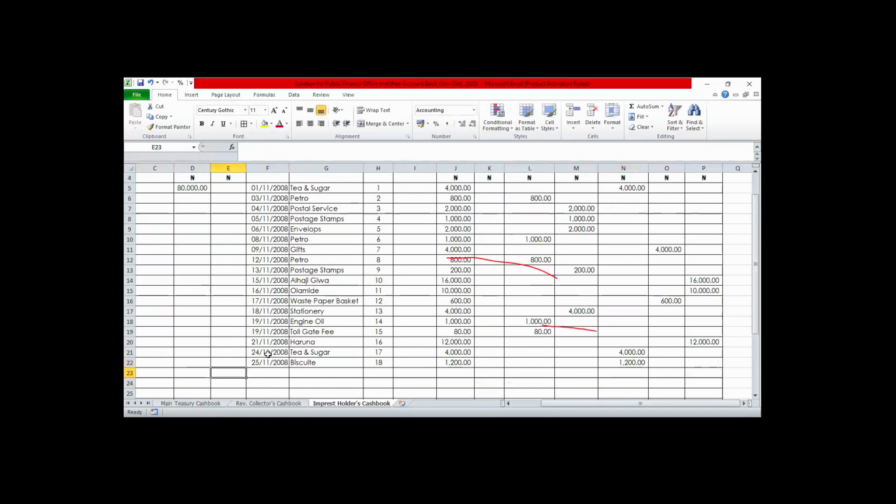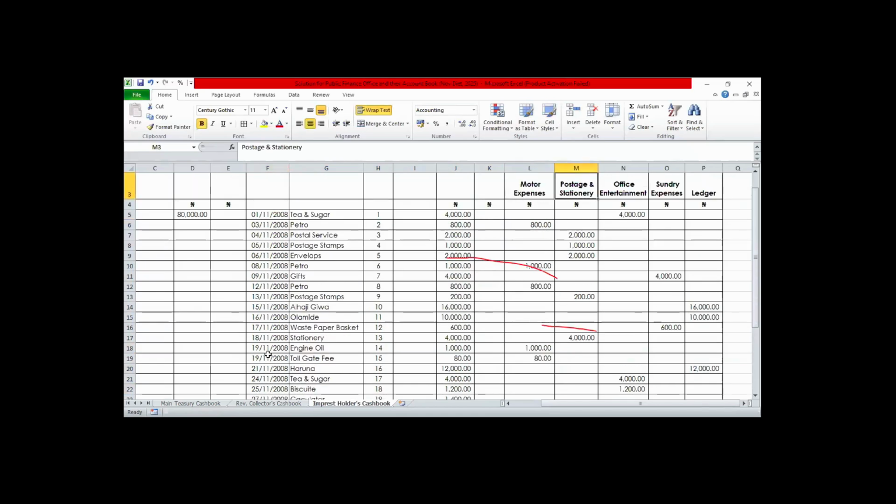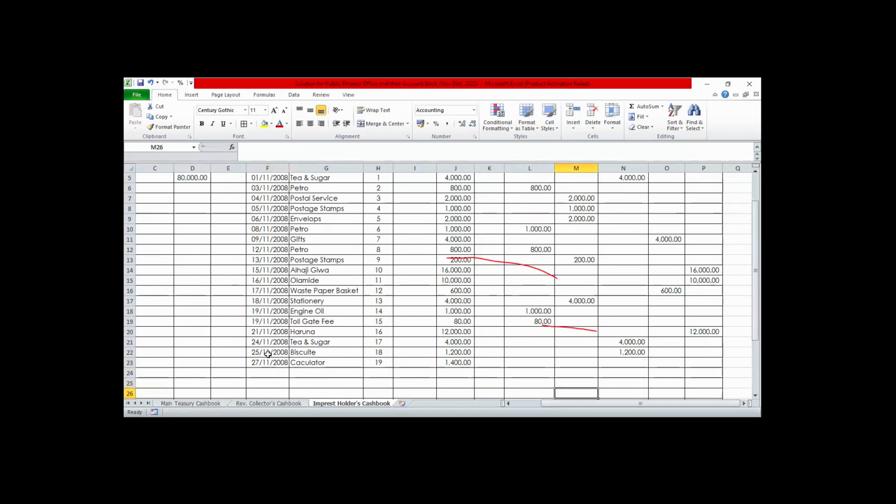What else again? November 27, calculator, 1,400 naira. That should be under stationery.